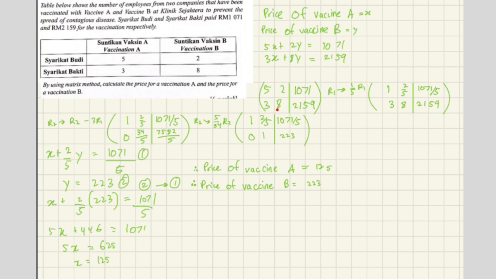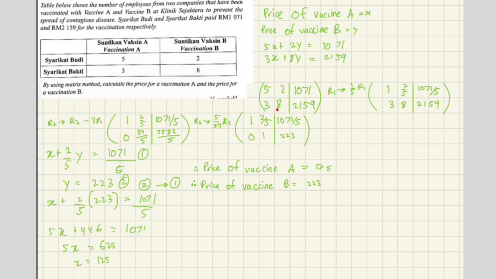By using the matrix method, the first step to calculate the price for vaccination A and price for vaccination B is that we must equate them into 2 separate equations from the same company. So, given price of vaccine A equals x and price of vaccine B equals y, the first equation is 5x plus 2y equals 1071.